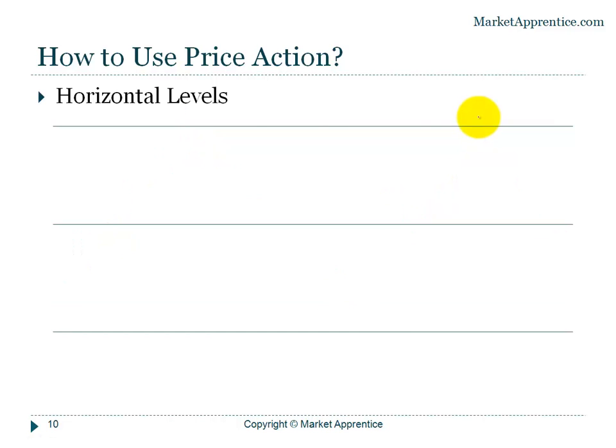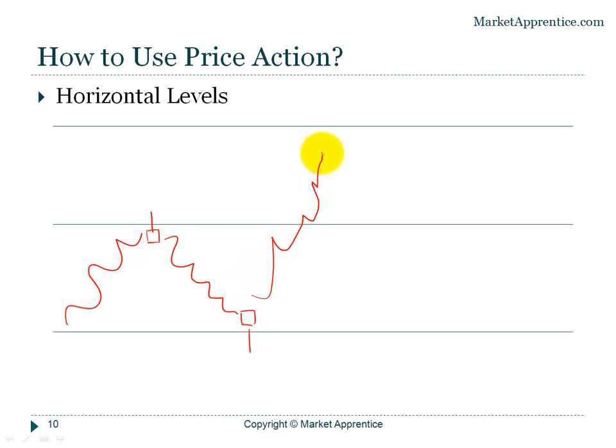Next, remember how support becomes resistance and vice versa? For example, you might see price cycling here. A pin bar becomes useful when it's on a level. It cycles down, you get another pin bar. From then onwards, it goes up.